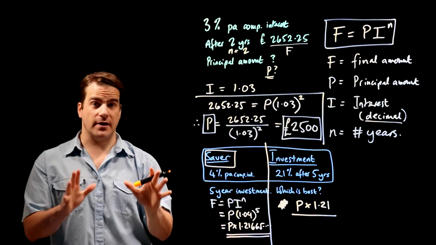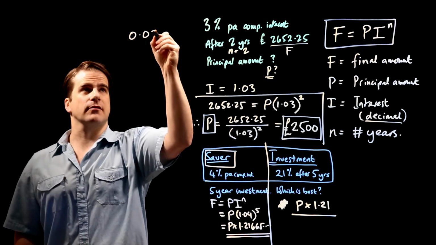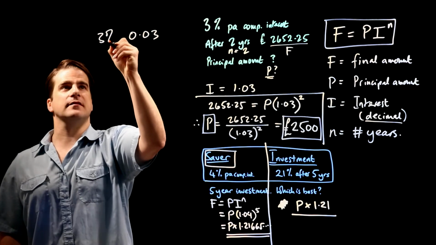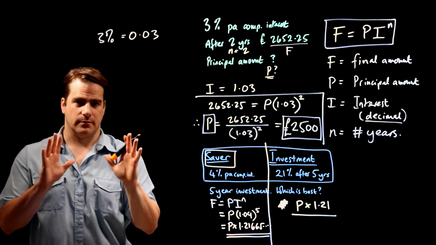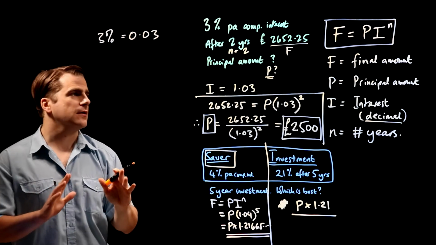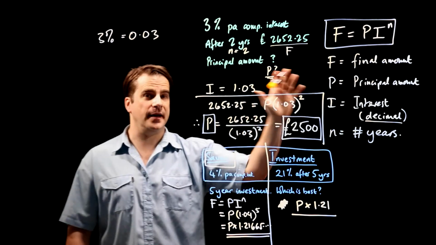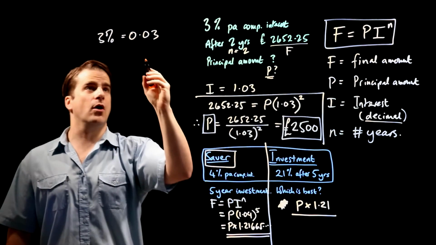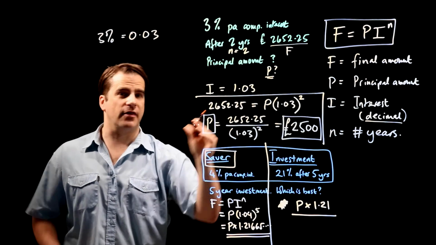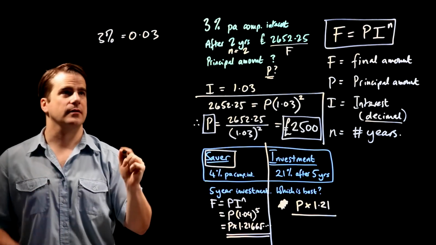I realise that 3% expressed as a decimal is 0.03, okay? 3% is 0.03, right? But for the purposes of compound interest PIN questions, you have to add 1 to that value, and that is how you write big I, the interest, okay?